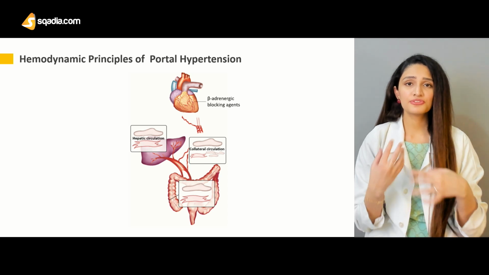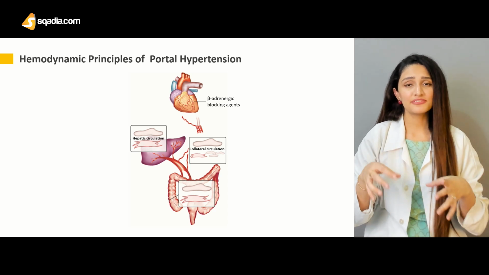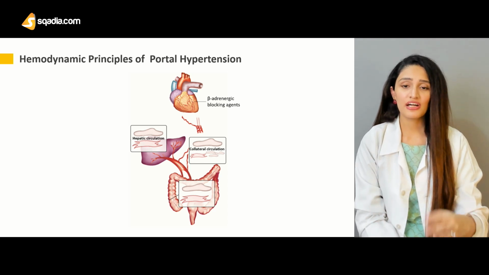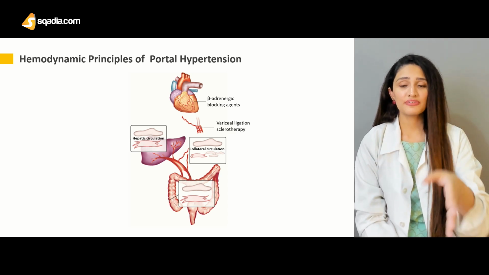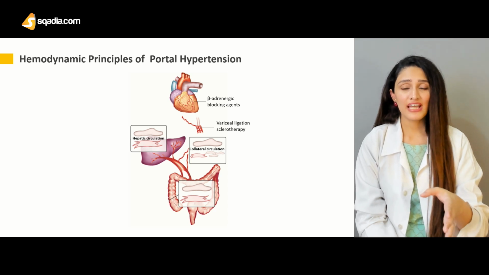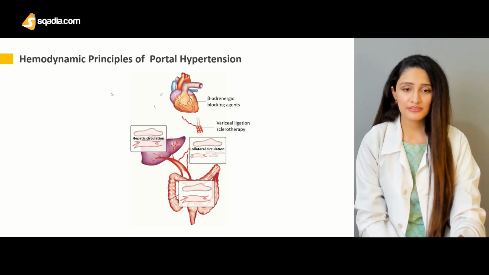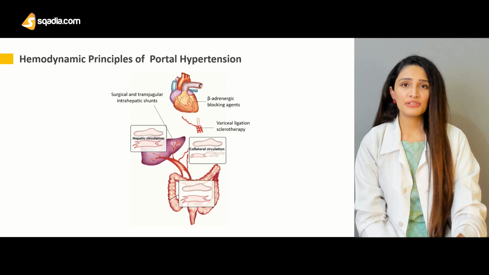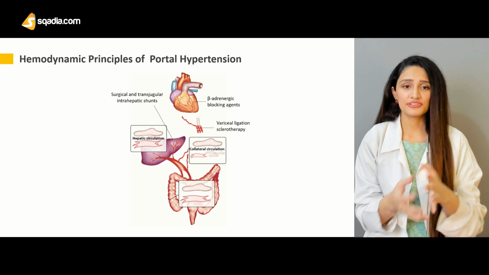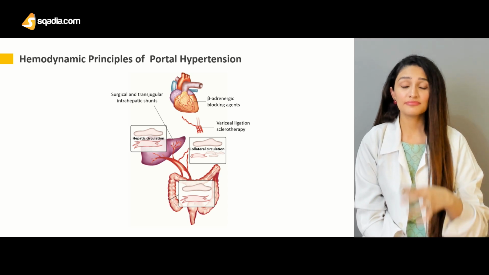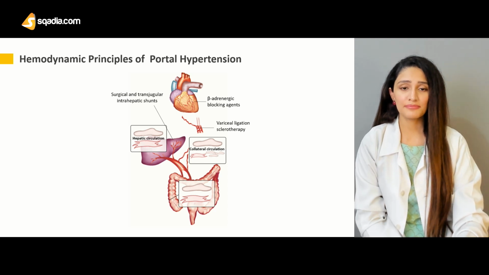If we talk about the drugs that we can give to our patients in response to these different circulations, for the heart we can give beta adrenergic blocking agents. And then we've got the esophageal varices, where the ultimate treatment is ligation and sclerotherapy. For complete surgical treatment of portal hypertension, there are the surgical and transjugular intrahepatic shunts that help in compensating the hypertension.